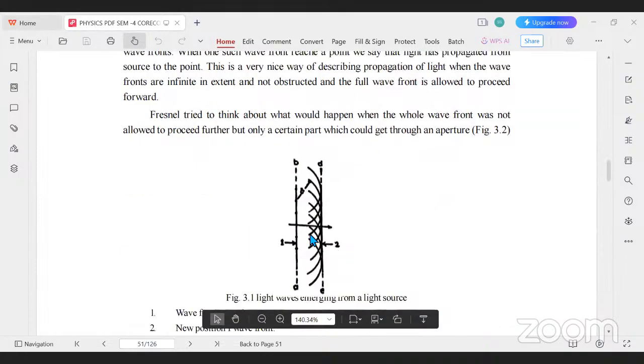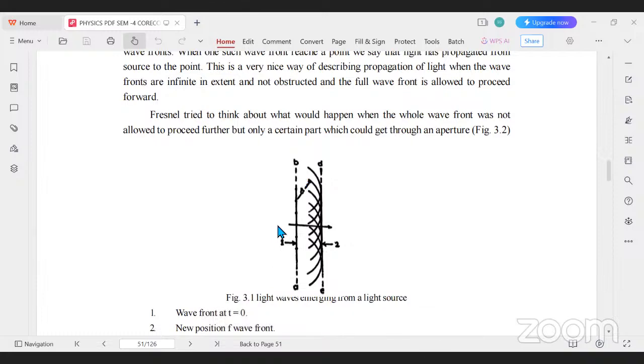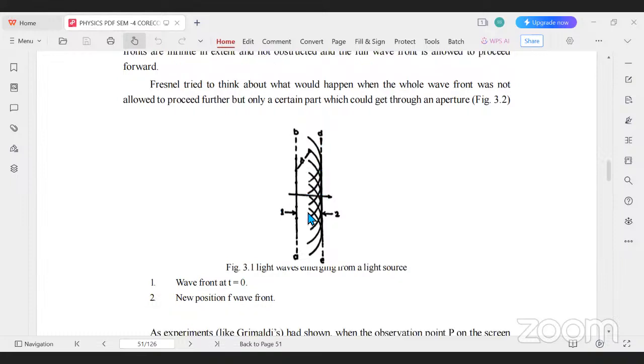This is how, when light falls on a material, the light is bent. In this way we can see the light wave emerging from a light source and how the light is bent, through this diagram.